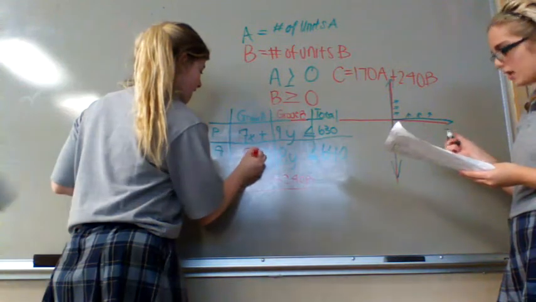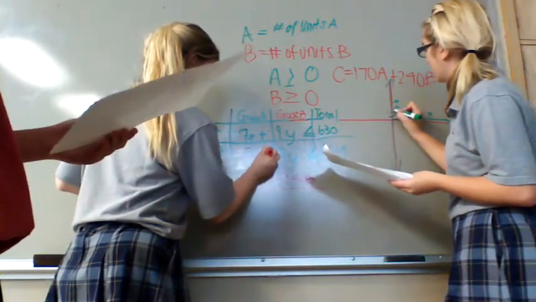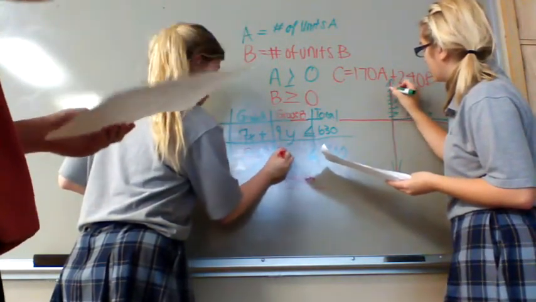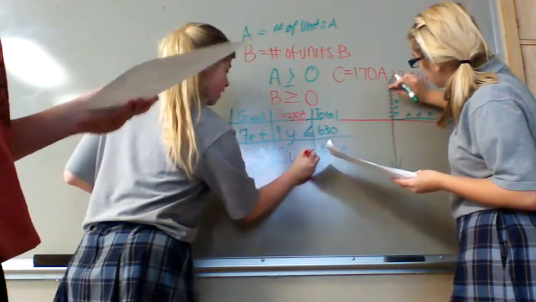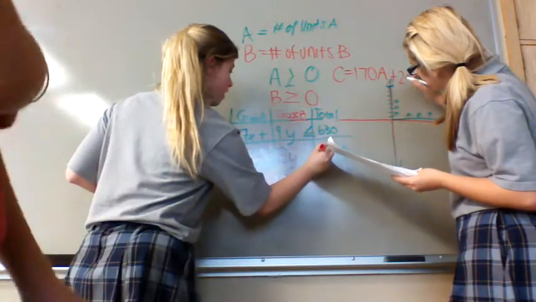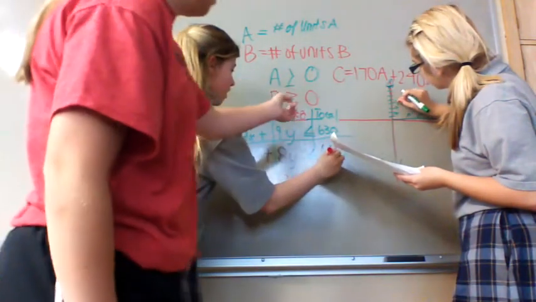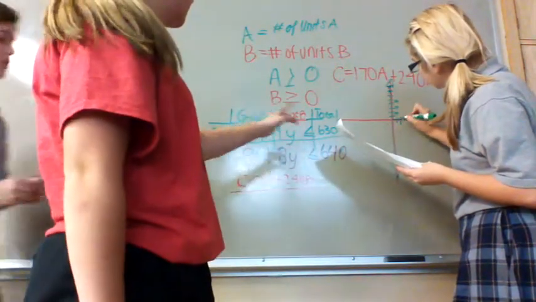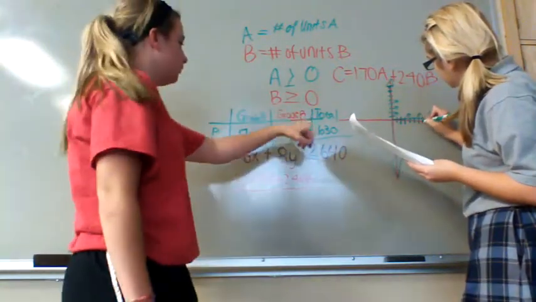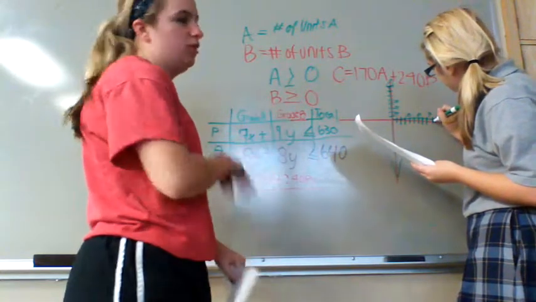And then our second one would be 70 and 90. One of your points would be 90, 0, and your other point would be 0, 70. And we got that because we plugged 0 in for our 9y and did 7x as less than or equal to 630, and you just solve that.